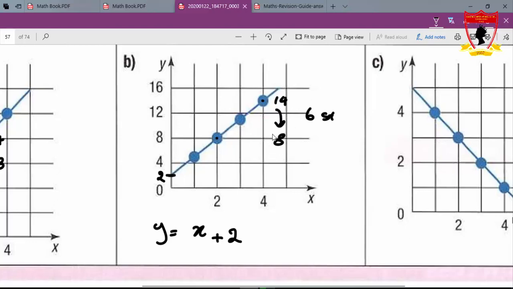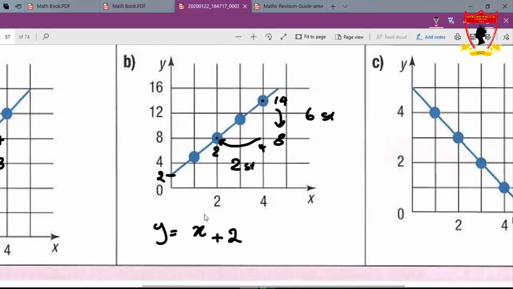We have vertically 6 steps, and in this point the x is 4. In this point x is 4, so until we reach this point the x becomes 2. Between them we have 2 steps horizontal.